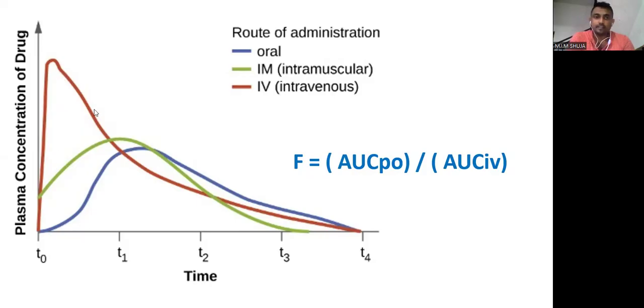So the area under the curve will give you the concentration of drug. This is oral, so the area under the curve will give you the concentration of oral drug. The bioavailability F for the oral drug is the area under the curve of oral divided by the area under the curve for IV. This is how you calculate the bioavailability of a drug.